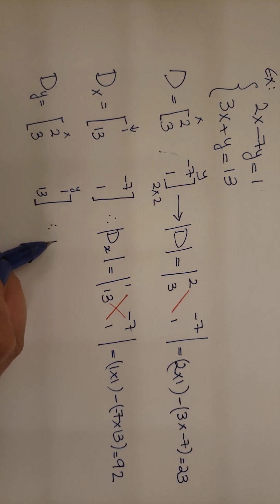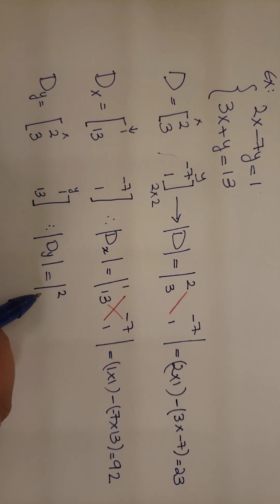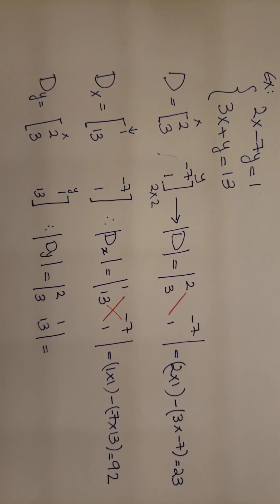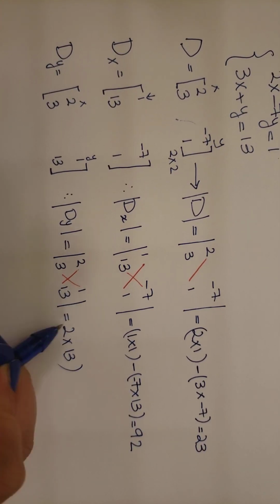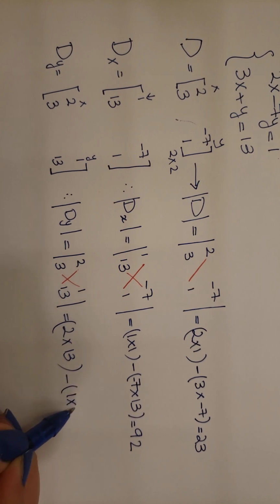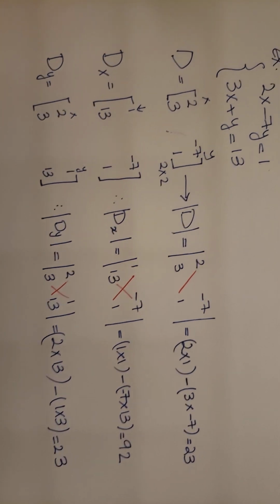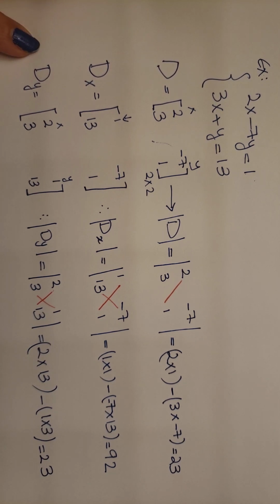Now from here I form the determinant, which is 2, 3, 1, 13. Then I find the value, which would be 2 times 13 minus 1 times 3, and the answer would be 23. So that's step 1, step 2, step 3.